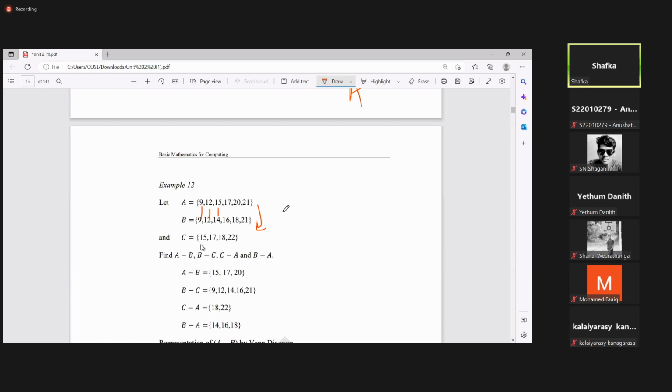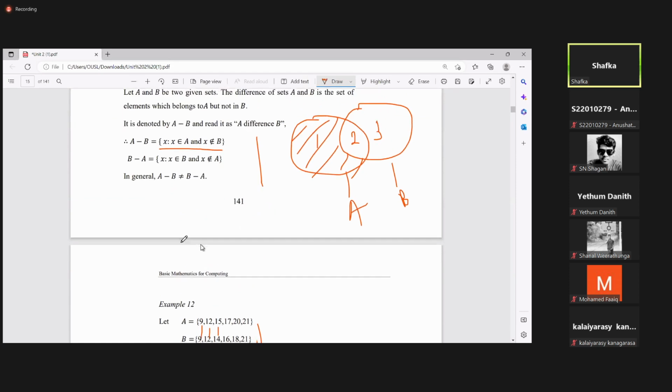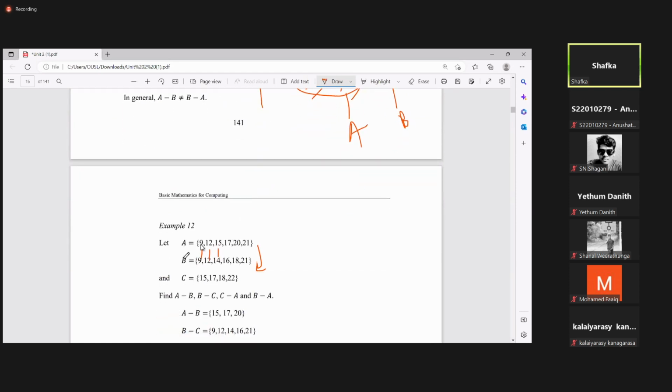That doesn't represent the set difference. So, set difference means if you want to get A minus B, you have to remove all the elements which are there in both capital A and capital B. The common element should be removed from capital A. That represents the difference.